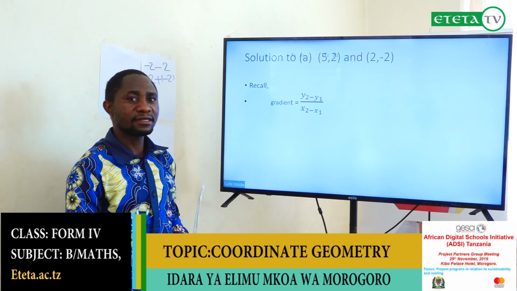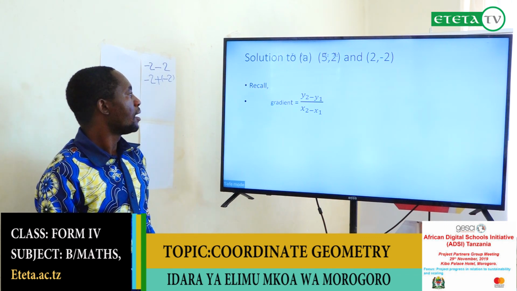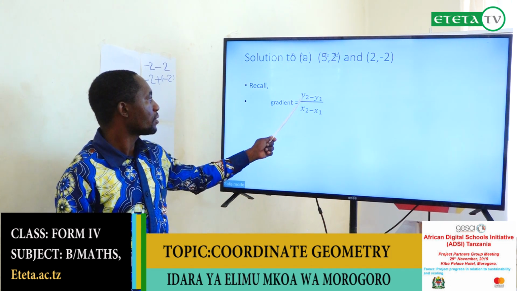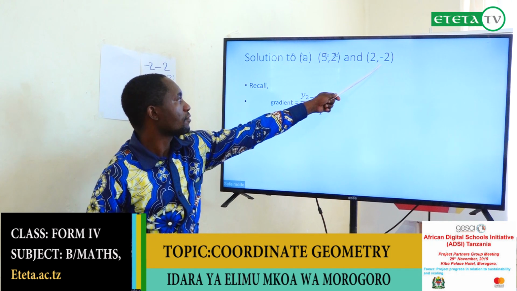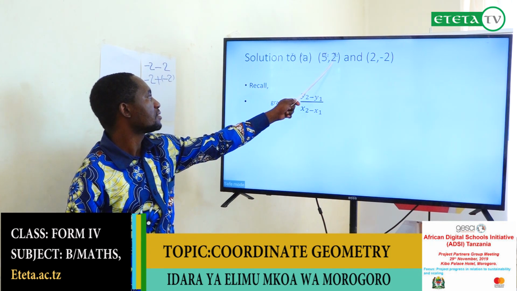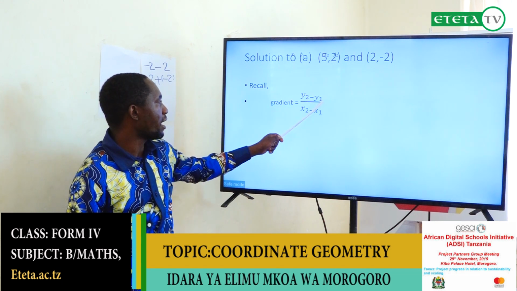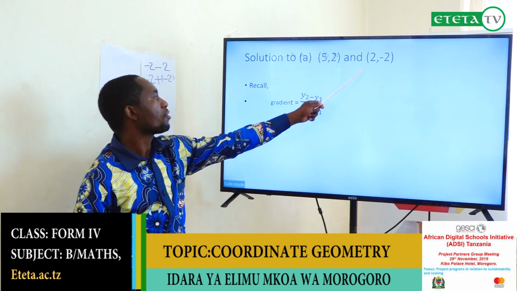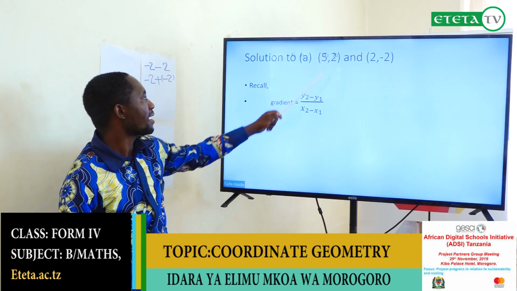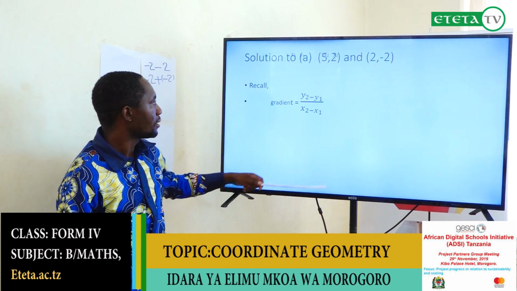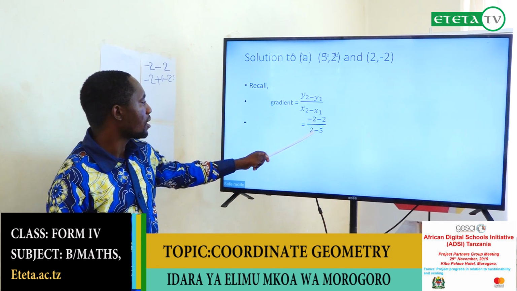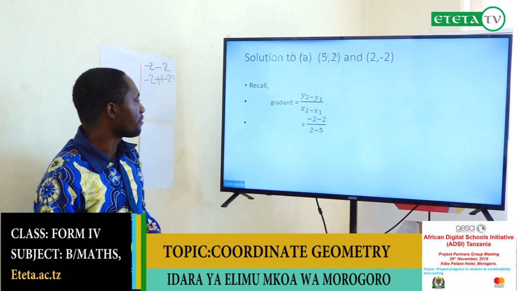You find that gradient will be equal to, now it will be negative 2 as y2 minus 2, which is y1, divided by positive 2 as x2 minus 5 as x1. Now find negative 2 minus 2 over 2 minus 5.